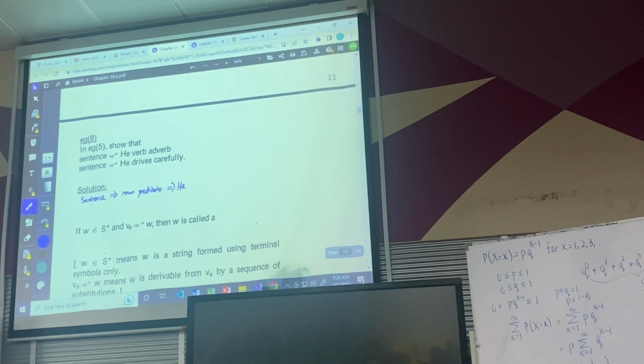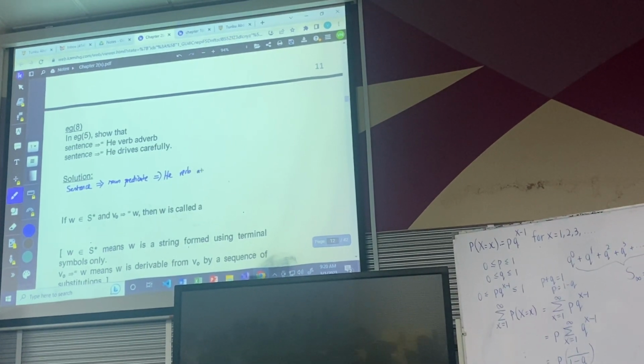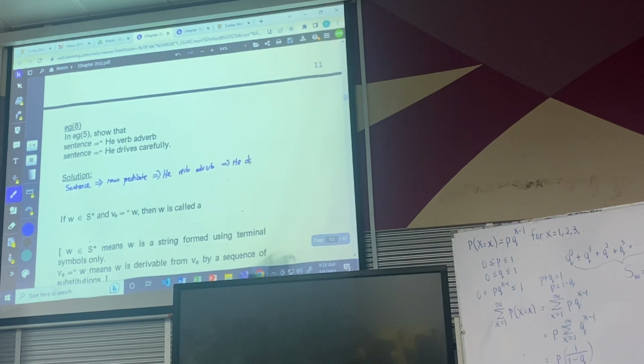And then this one, predicate can be substituted with verb and adverb. Verb is substituted with drives. Adverb, we substitute with carefully. And the last one is he drives carefully.